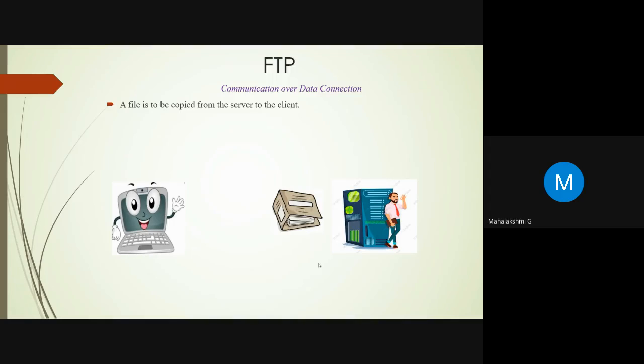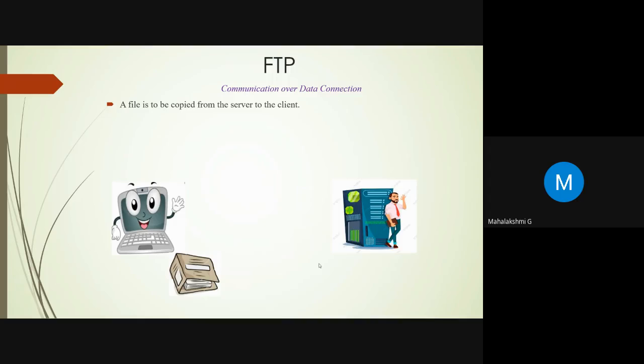The first one is a file being copied from the server to the client. You are going to copy a file from the server to the client. So this is called retrieving a file.